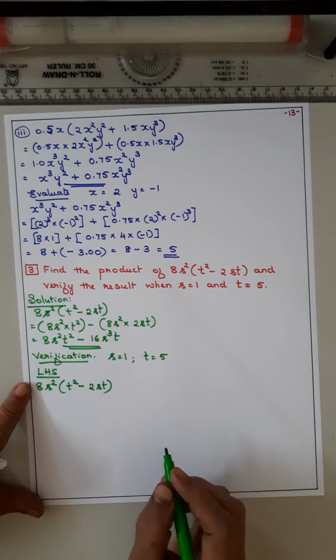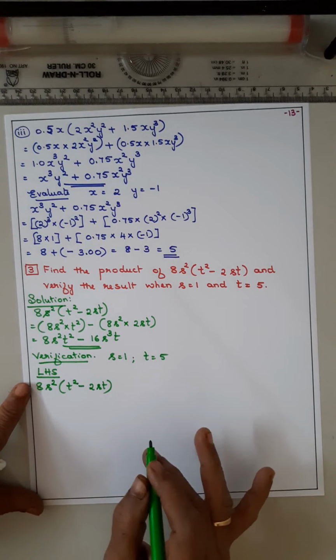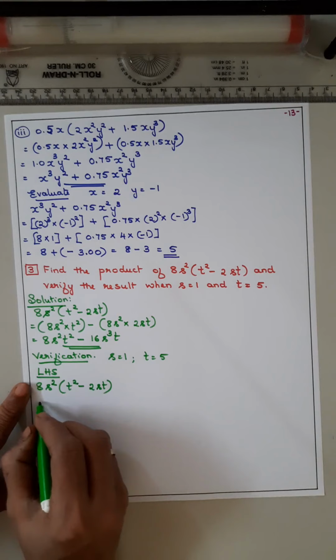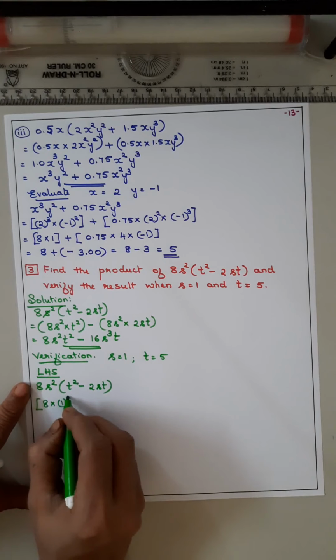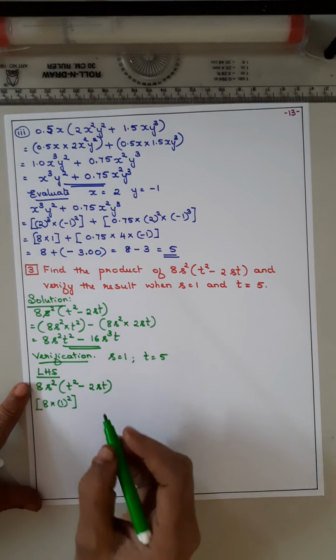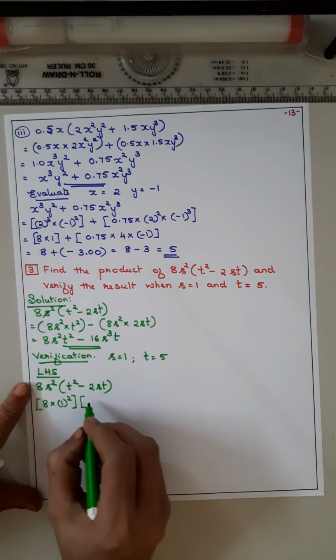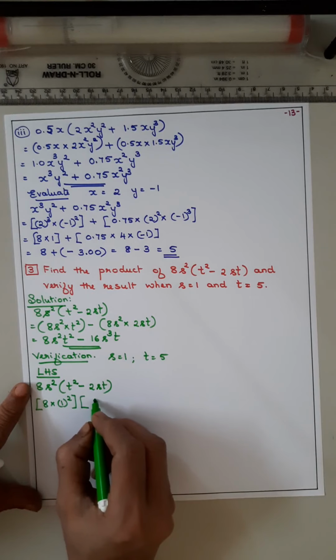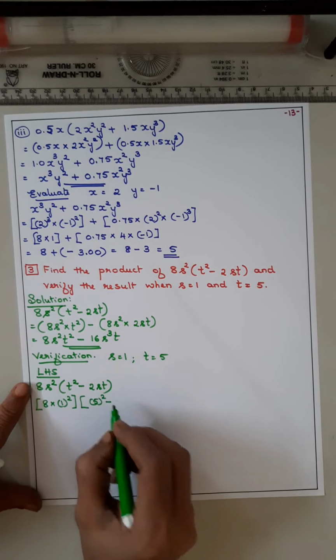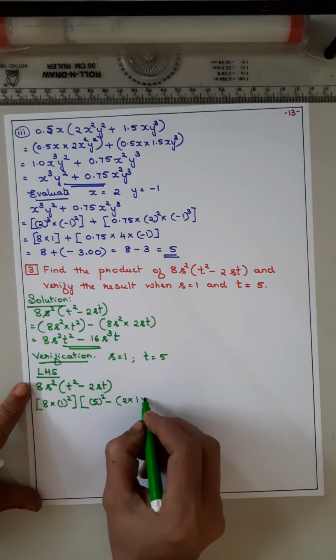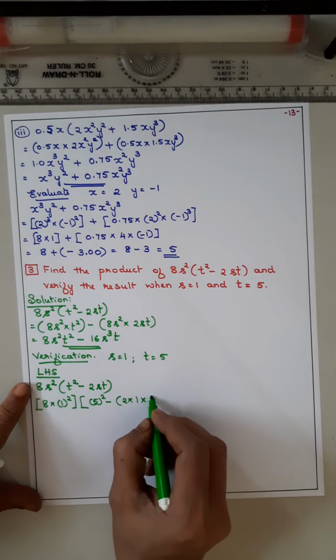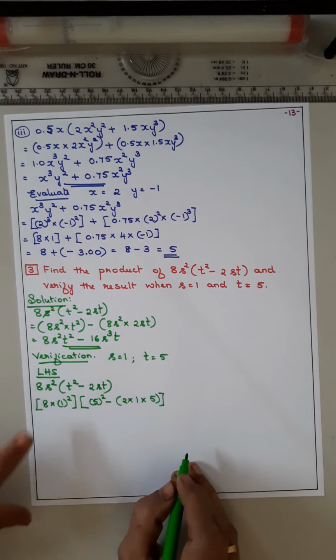You have to write the values, whatever is given. So it is bracket open 8 into s is 1 square. Now again bracket open, t is 5 square minus 2 into s is 1, t is 5, bracket close.